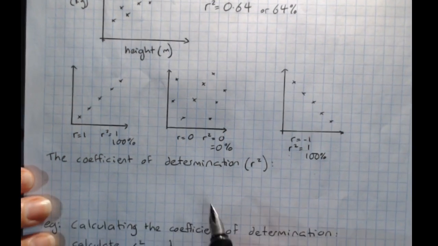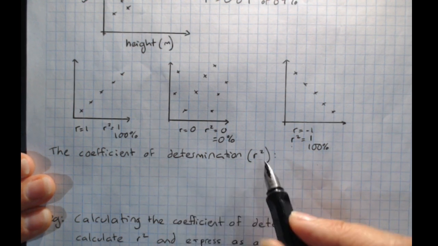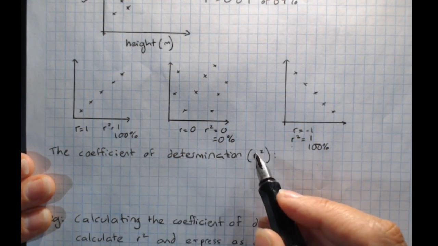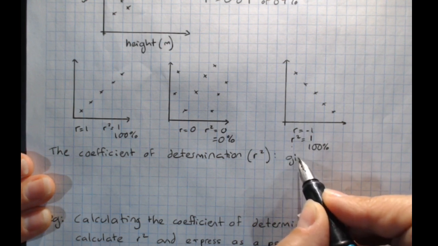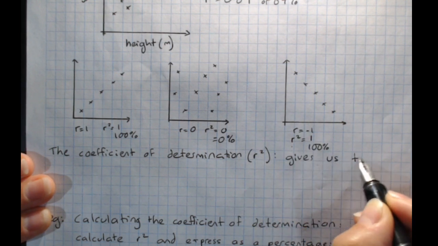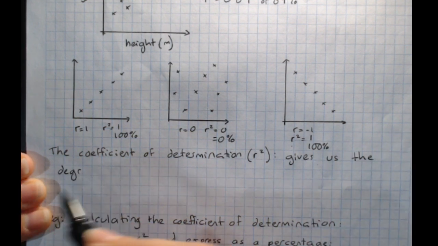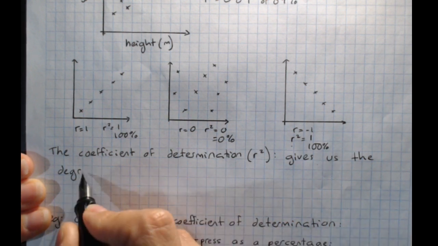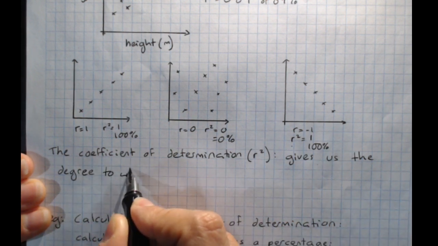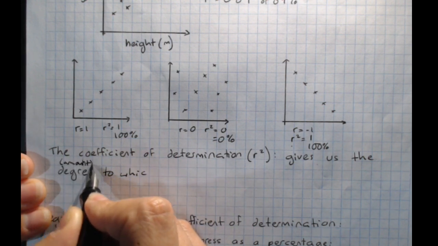And so we'll write that down. The coefficient of determination, r squared, gives us the degree to which one variable can be predicted from another variable, or the amount if you prefer, rather than degree.